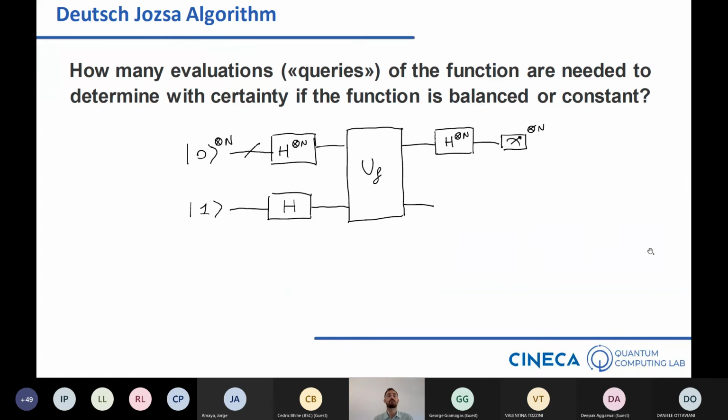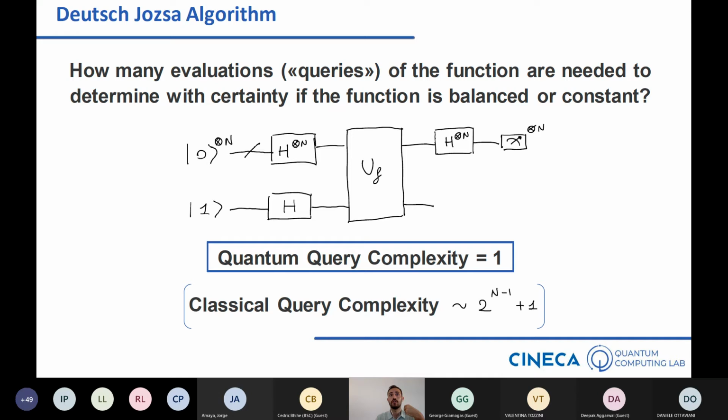So finally, how many evaluations of the queries of the function, this U of f, are needed in this quantum algorithm to determine with certainty if the function is balanced or constant? Just one, because if I run the circuit and I measure all zeros, then I know for sure that the function is constant.